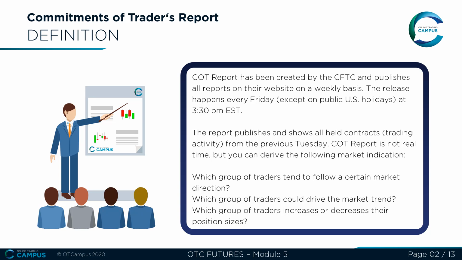This information is published on the CFTC website every Friday at 3:30 p.m. Eastern Standard Time, so it is only done once a week. It's not real-time information, so it will not be very efficient for us to use this report for daily income trading.